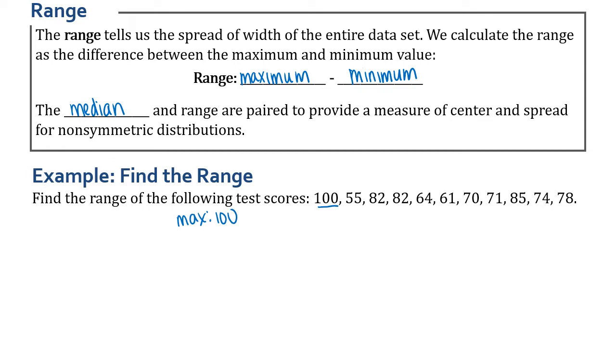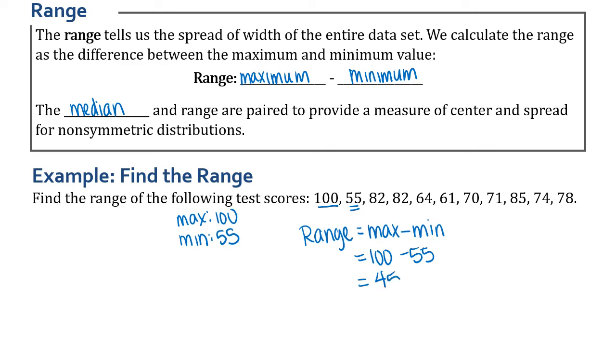The smallest test value is 55, so our minimum is 55. To find the range, you take the maximum and subtract the minimum value from it. So that's 100 minus 55, which gives us a range of 45 points.